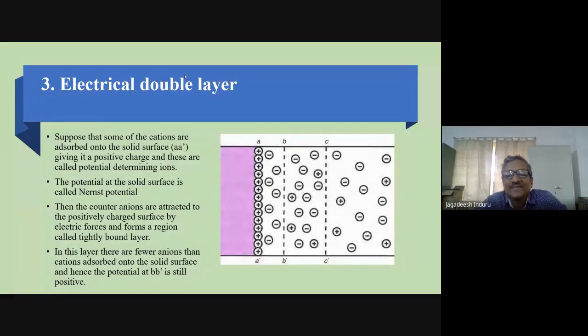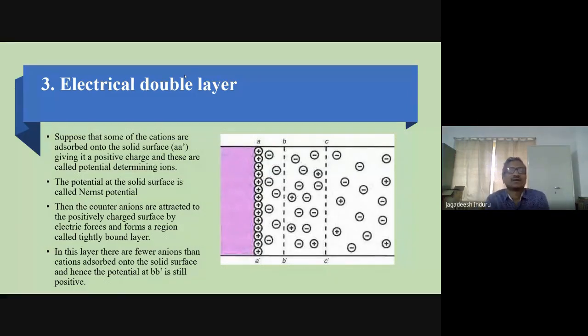On the surface you have one charged species, like plus, plus, plus, and oppositely charged ions will be attracted towards them, giving some charged ions at the external layer, or the Nernst potential. After that, more opposite counter ions get attracted, giving the zeta potential. After that, you have the bulk of your solvent or solution.